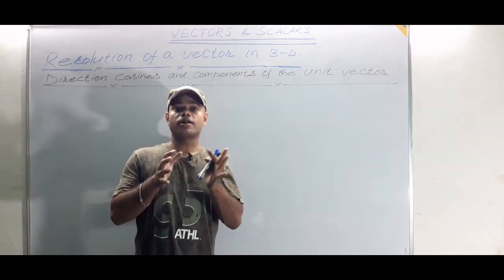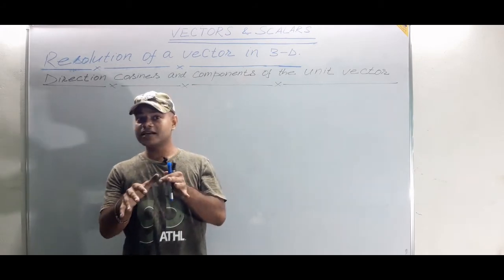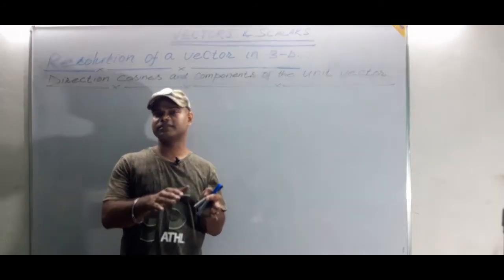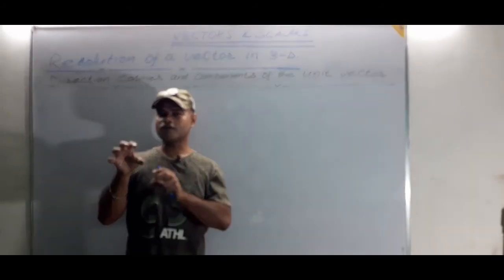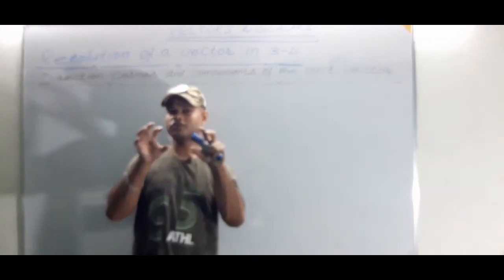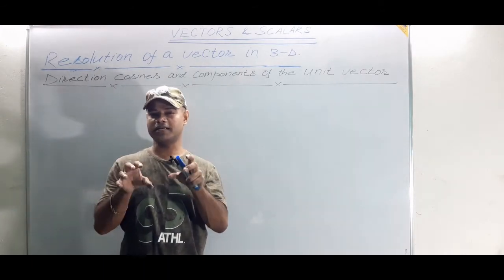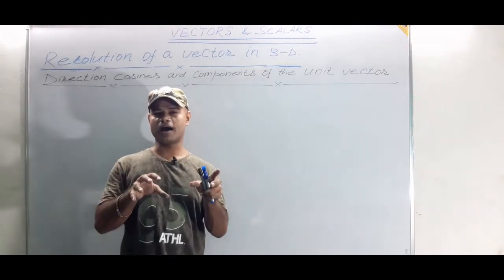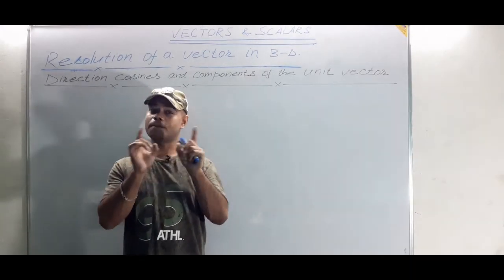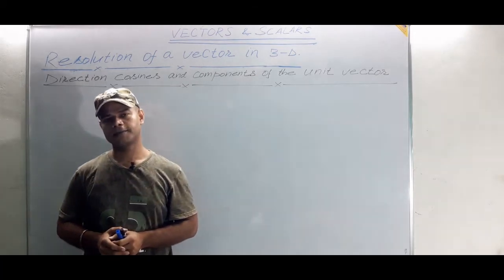And the direction of a vector is represented by the angles it makes with respect to x-axis, y-axis and z-axis, right? So cos of angle with respect to x-axis, cos of alpha. Cos of angle with respect to y-axis, beta, cos beta. Cos of angle with respect to z-axis, that is gamma, cos of gamma. So cos of alpha, cos of beta, cos of gamma. This is what we call direction cosines.